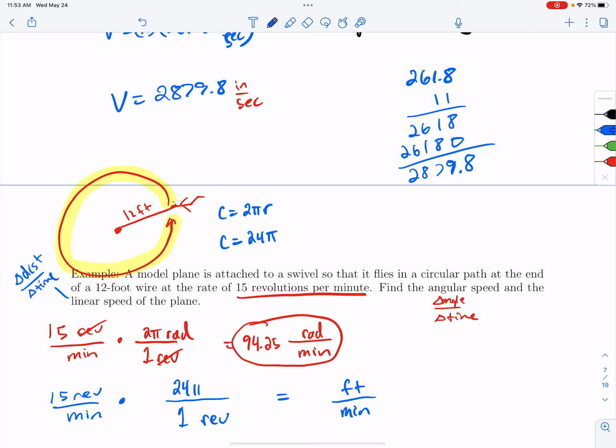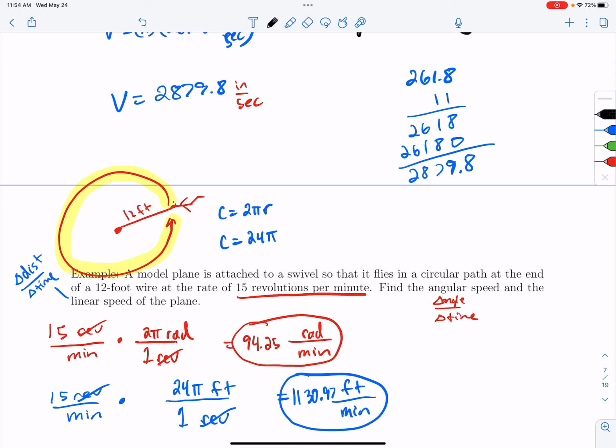So the revolution can be eliminated here. Then I just have 24 pi times 15, and we end up with 1,130.97 feet per minute.